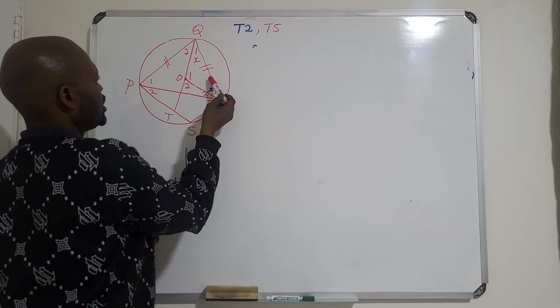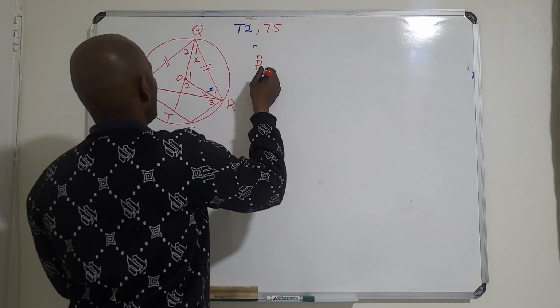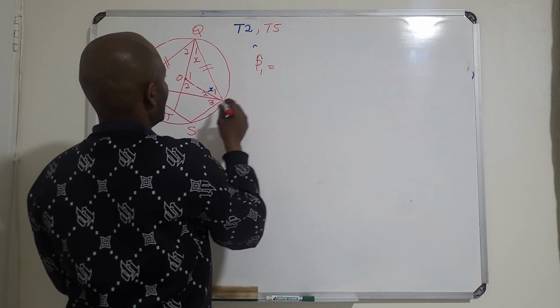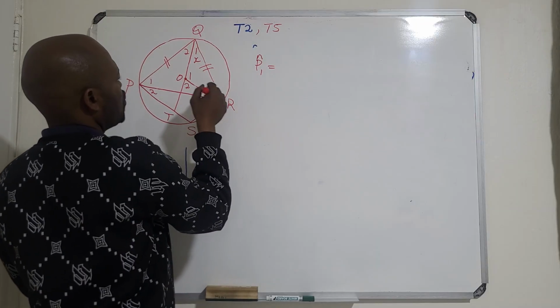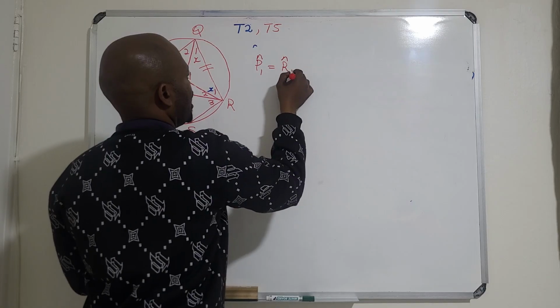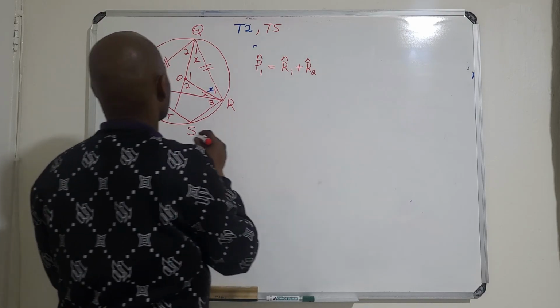Angle P1 is equal to angle R2, angle R1 plus R2 is equal to angle R1 plus angle R2.